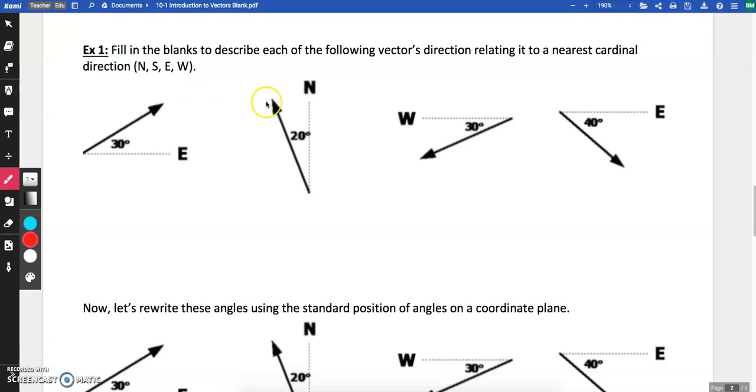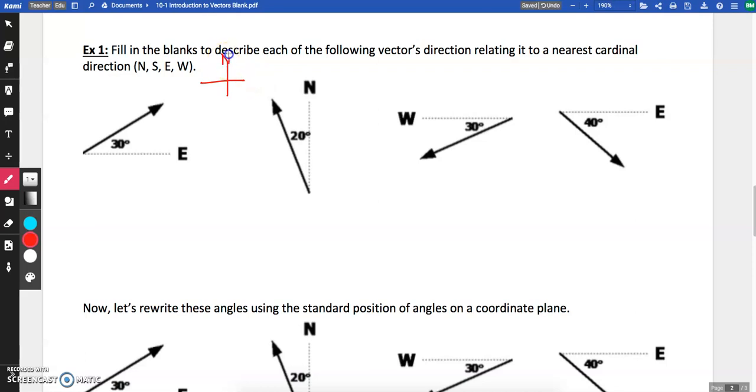Because vectors have so many real-world applications, we're using physics, we often talk about the angle measures in terms of our cardinal directions. So actually relating it to north, east, south, and west. So just a reminder, your cardinal directions. North, it's going to start at the top.